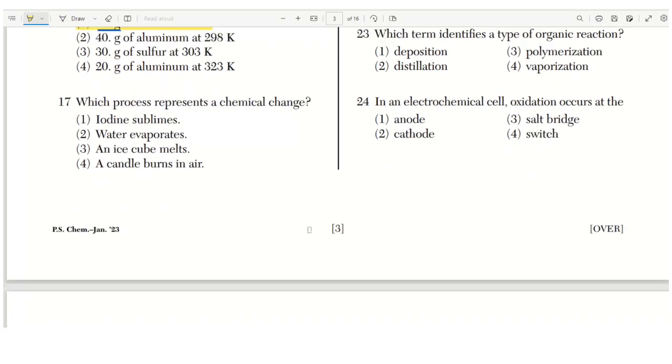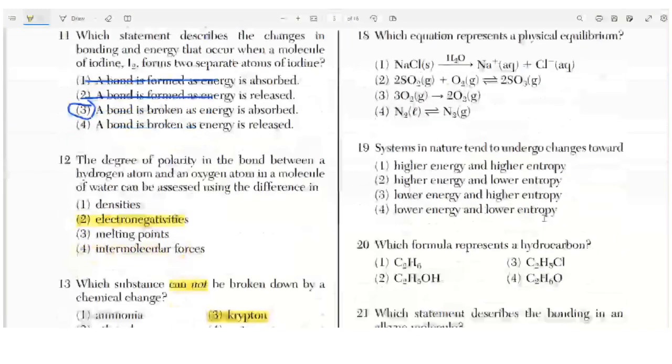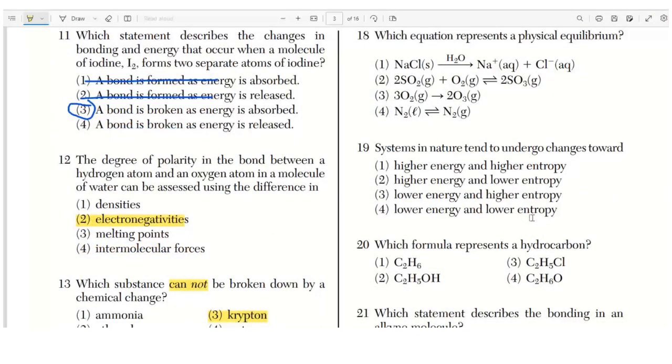Which process represents a chemical change? Well, sublimation, that is solid to gas, starts as a solid because sublimation starts with an S. That is physical, evaporation physical, melting physical. There we go. Chemical change, burning. Okay. Which equation represents a physical equilibrium?